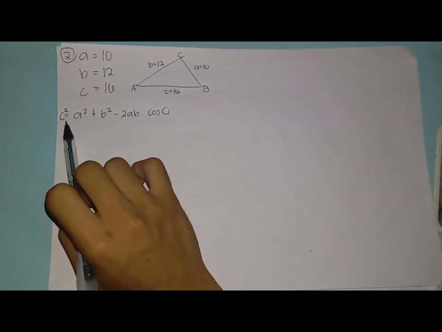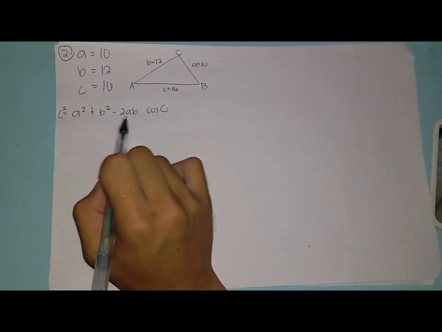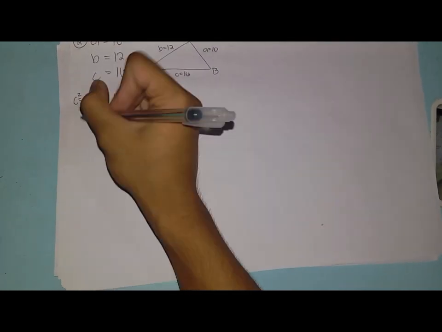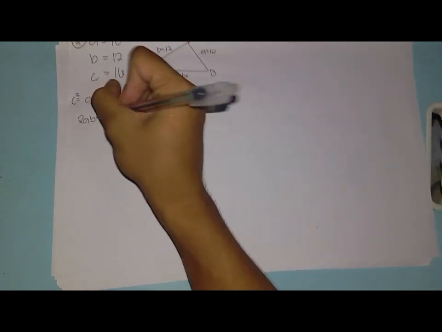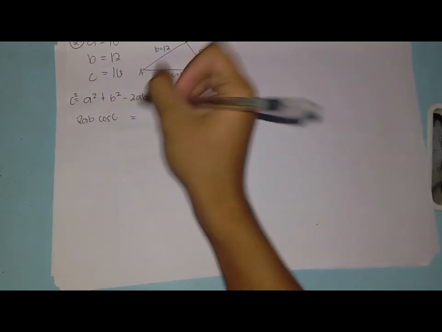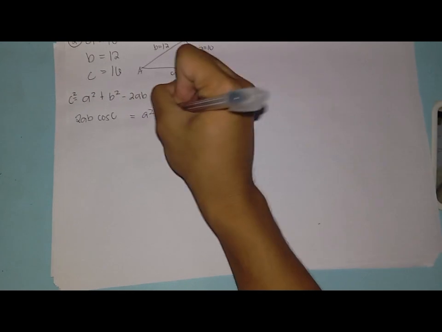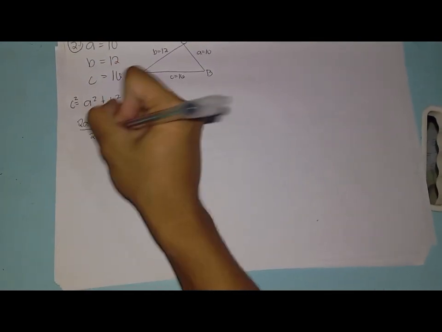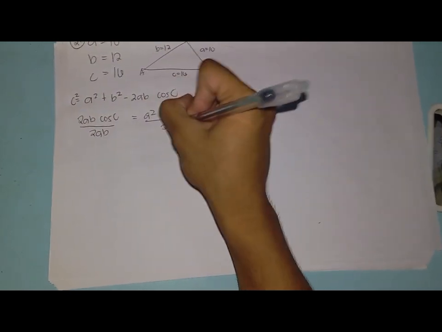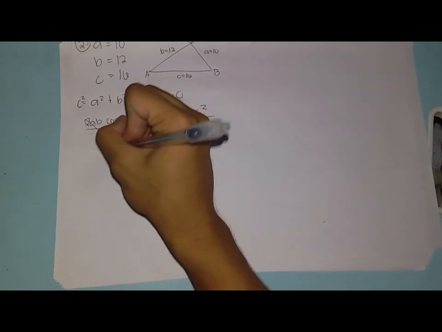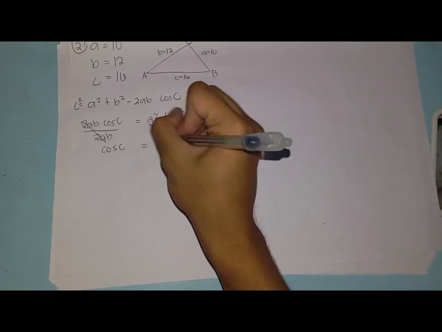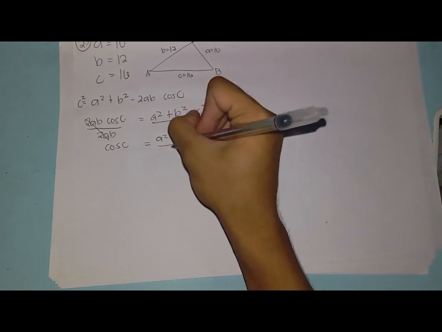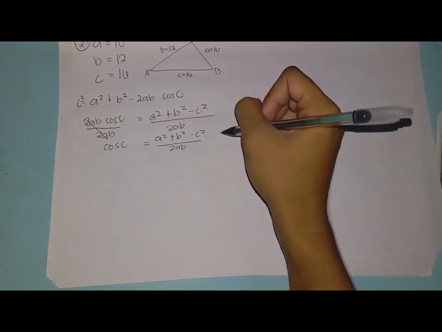So C squared is equal to A squared plus B squared minus 2AB cosine C. So first we are going to transfer 2AB cosine C. It is equal to A squared plus B squared minus C squared. So let's divide it by 2AB. Cancel out. So cosine C is equal to A squared plus B squared minus C squared over 2AB. So this is our formula.